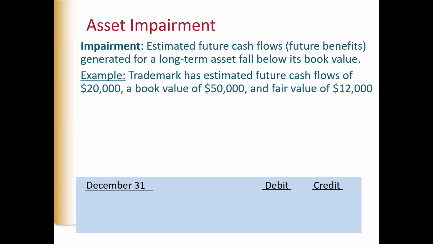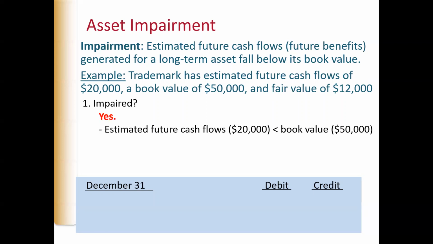If step one is true, then we go to step two. And we have to write off the loss where the book value is in excess of the fair value of the asset. In this case, the book value is at 50. The fair value, what it should be shown, is 12.